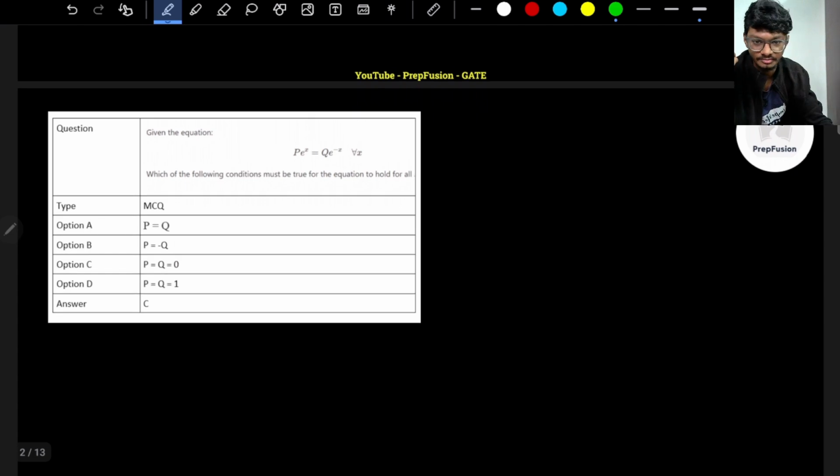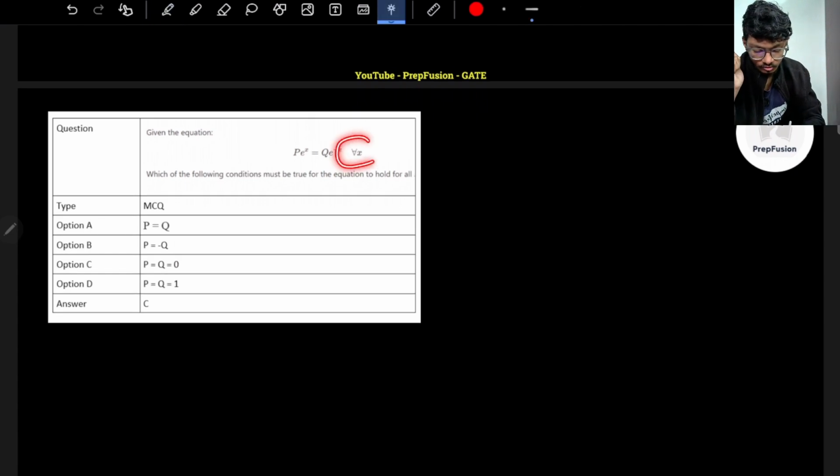Next question is also pretty straightforward only. You have to tell for all values of x, when will this equation be satisfied, for what values of p and q.